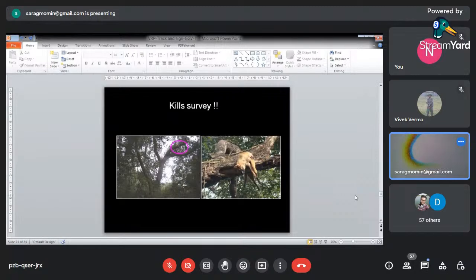For example, look at this picture. This is a dog species whose carcass is found about 20 meters from the ground. Do you think a dog can climb a tree?